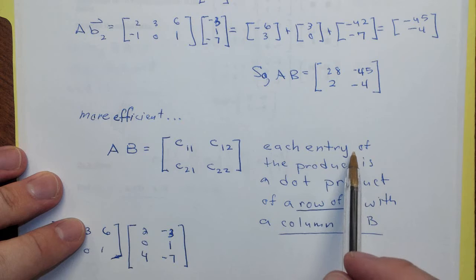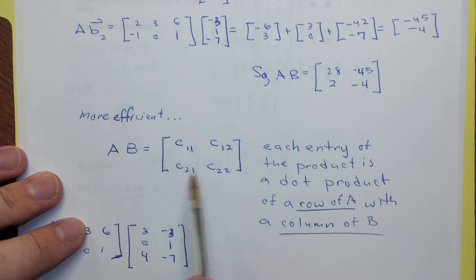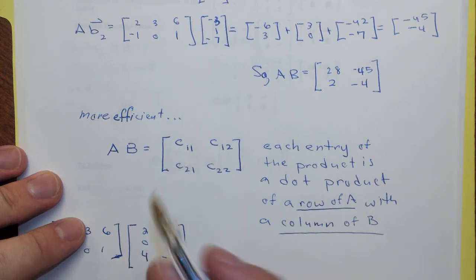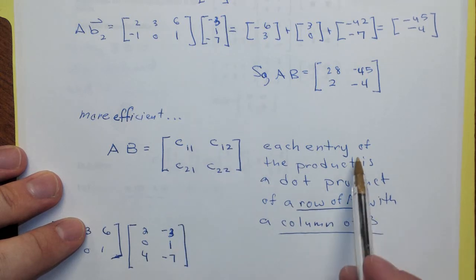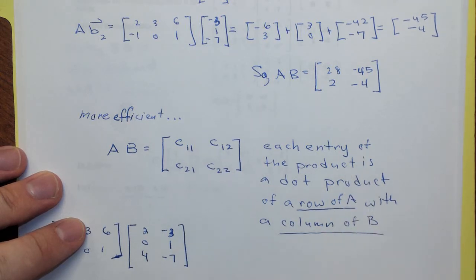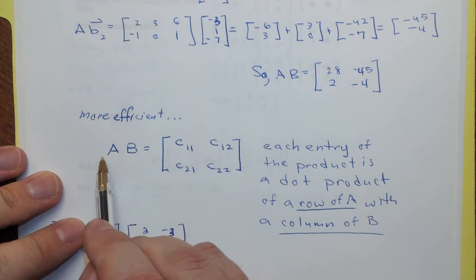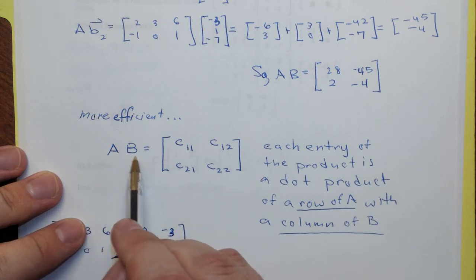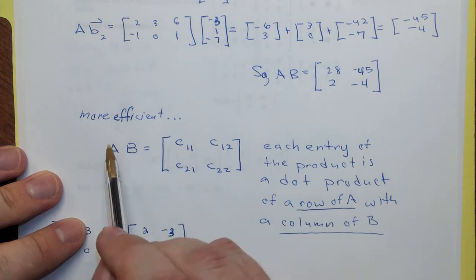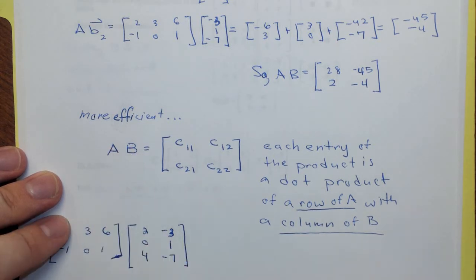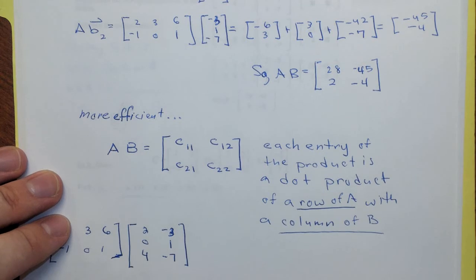So here's the deal. Each entry in this product matrix, which I've labeled C, C11, C12, C21, C22, each entry of this product is a dot product of one of the rows of A with a column of B. Rows by columns, I will take rows of A to multiply with columns of B. It's a dot product.